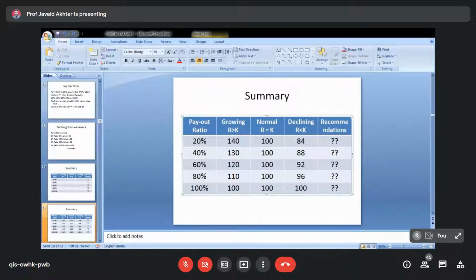If they were expecting more, they will sell and invest somewhere else so that their expectations are met. Those whose expectations are met by buying will buy. And the company under no circumstances will suffer.